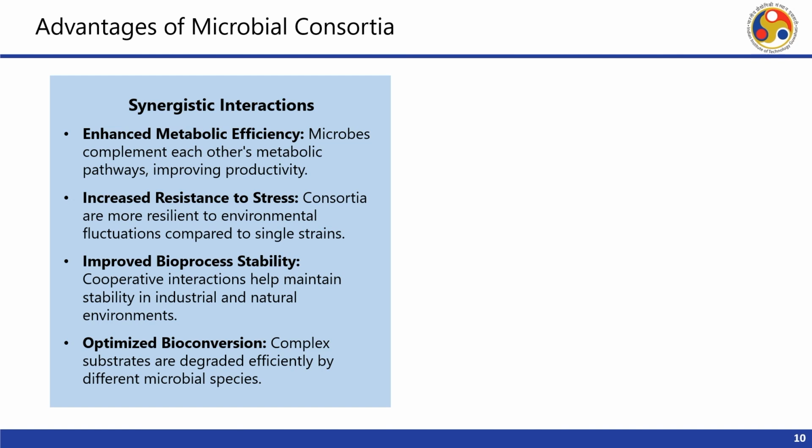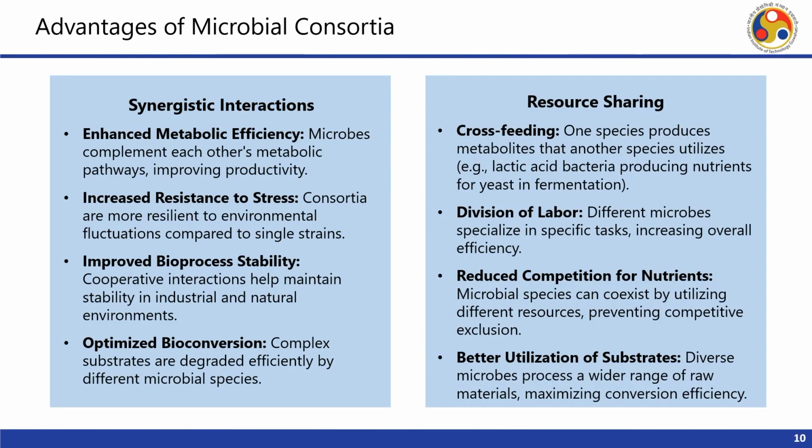Consortia are more resilient to environmental fluctuations compared to single strains. Then there is improved process stability. Cooperative interactions help maintain stability in industrial and natural environments. Then there is an optimized bioconversion opportunity. Complex substrates are degraded efficiently by different microbial species.